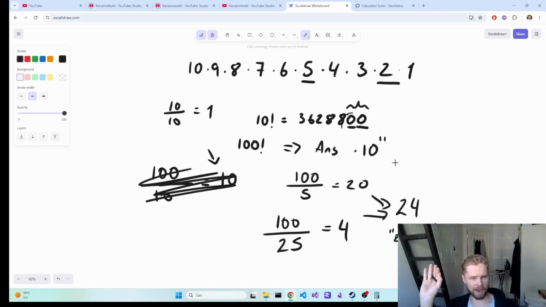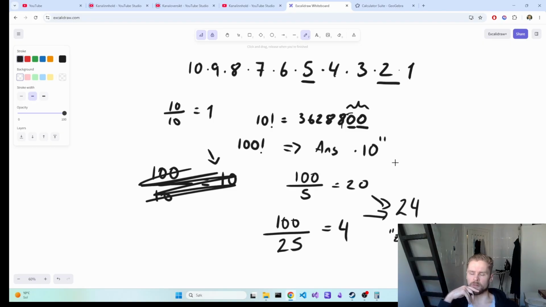I have all my 5s. 5, 10, 15, 20. From those 5s, I can easily make up a 10 because I got a lot of 2s. I got 50 2s in there, probably. 100 divided by 2, that's going to be 50.